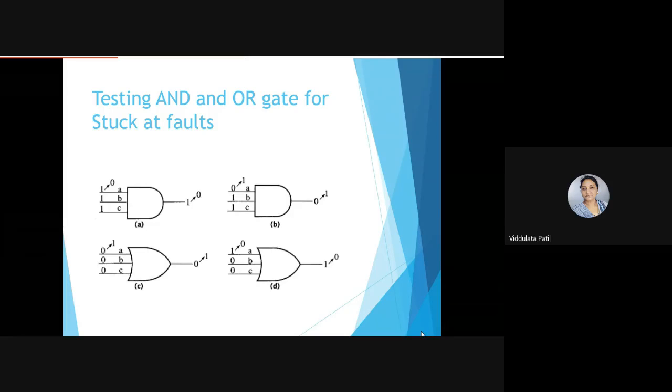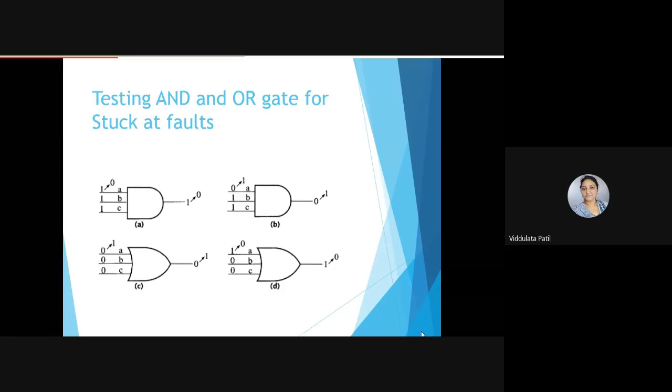Continuing with that, suppose the gate has 3 inputs, A, B and C, and one input is connected permanently to the zero logic level, that means it is stuck at 0. In that case, we can apply the input 111 to all the input terminals. If the AND gate is in good condition, it should result in a high output.